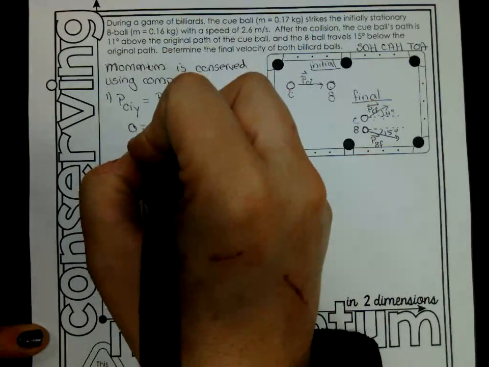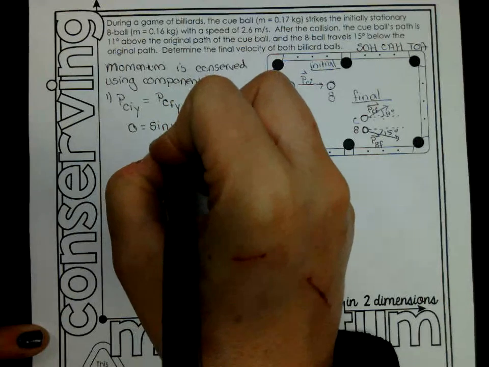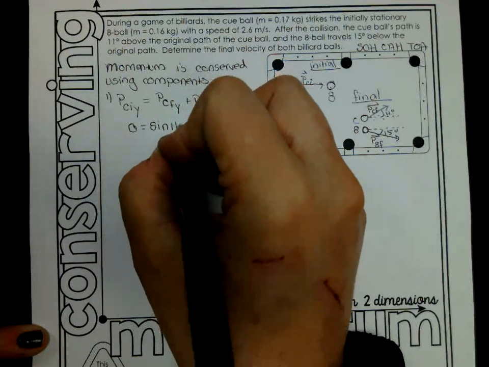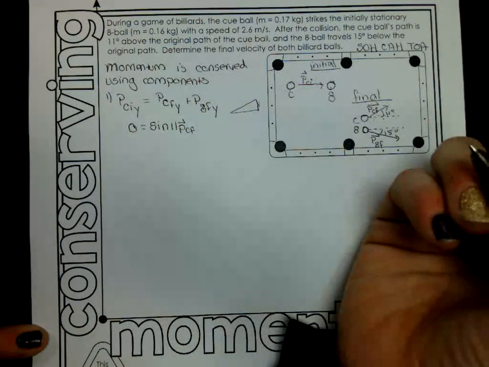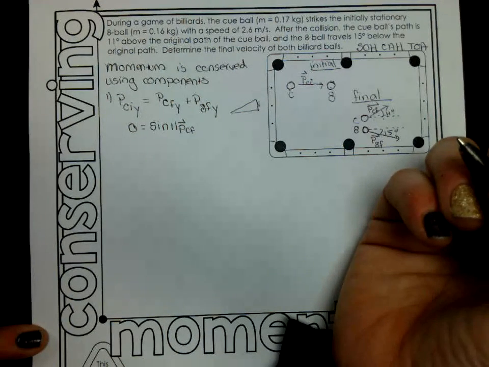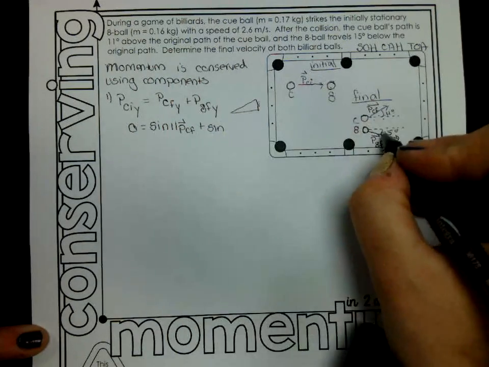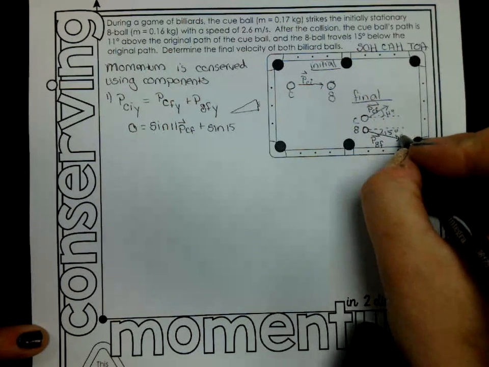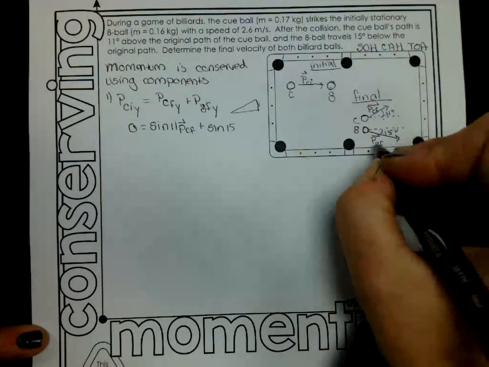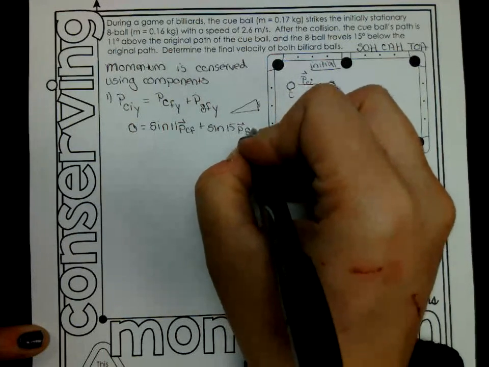So 0 equals sine 11 times momentum cue ball final, plus sine 15, so opposite over hypotenuse, times momentum 8 final.